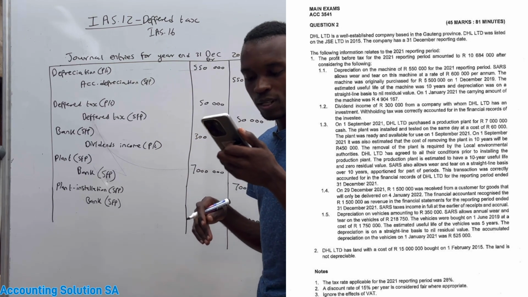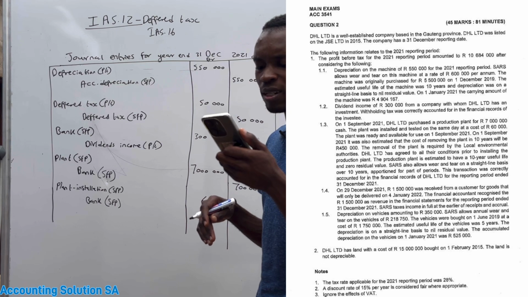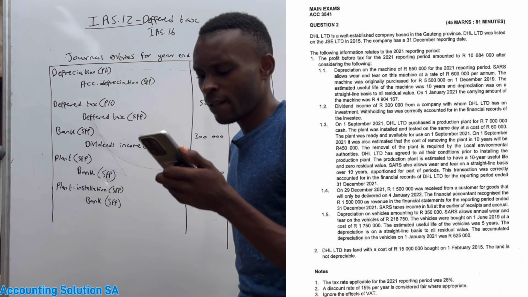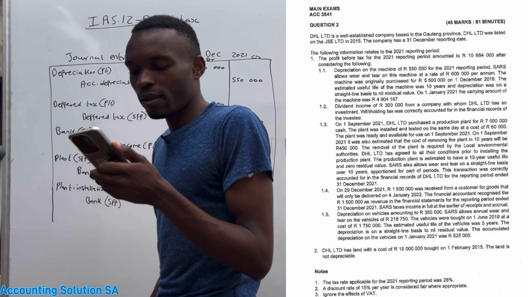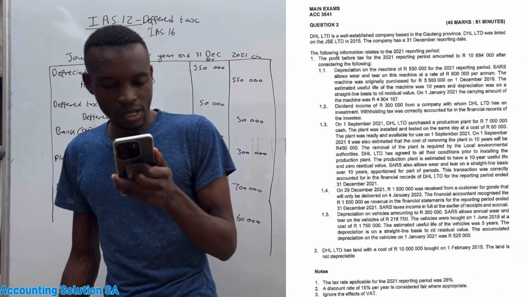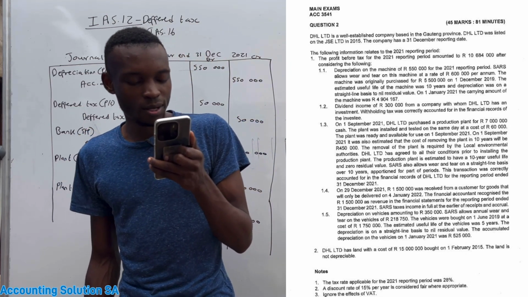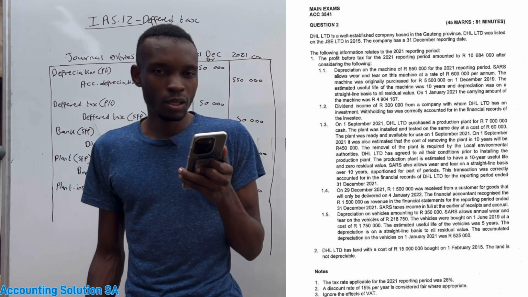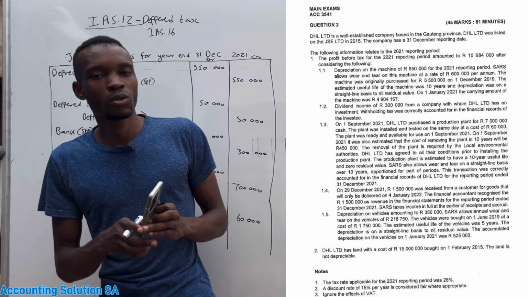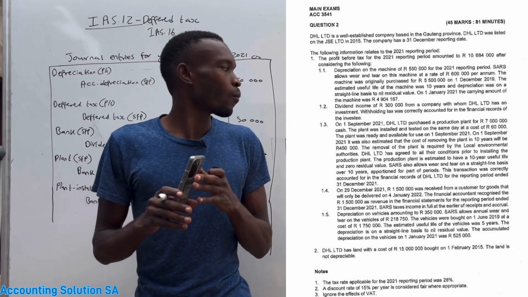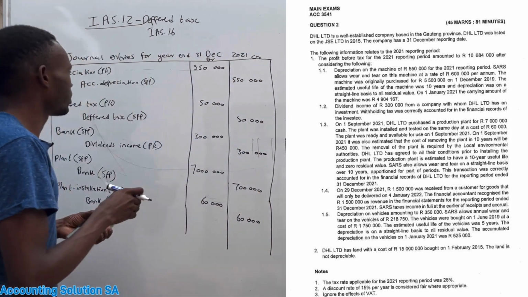Okay, on 1 September 2021, it was also estimated that the cost of removing the plant in 10 years will be 450,000. The removal of the plant is required by the local environment authority. This is what we call dismantling cost.